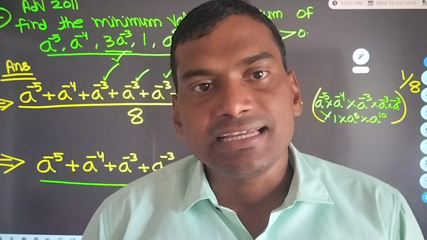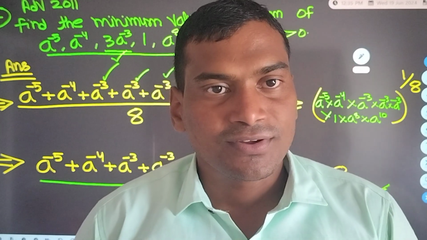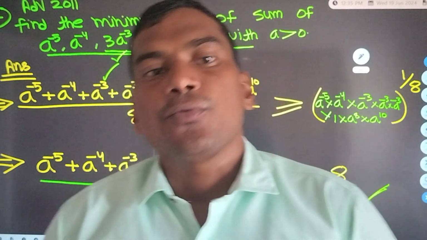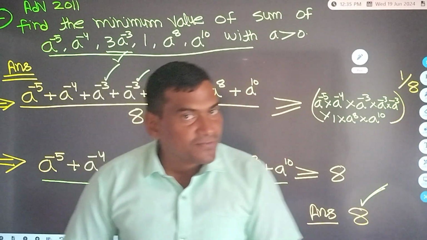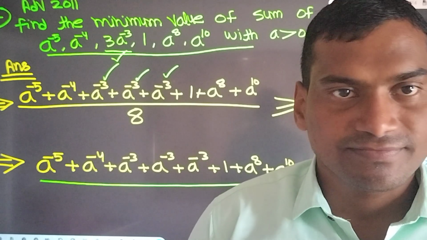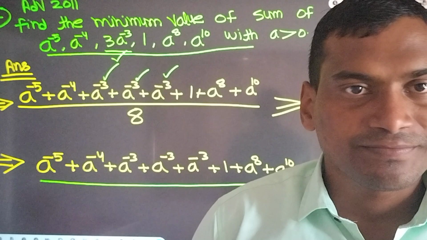So we can say G square is equal to AH. These things we know. One more thing we know, we can only apply this AM-GM inequality if numbers are real and positive.